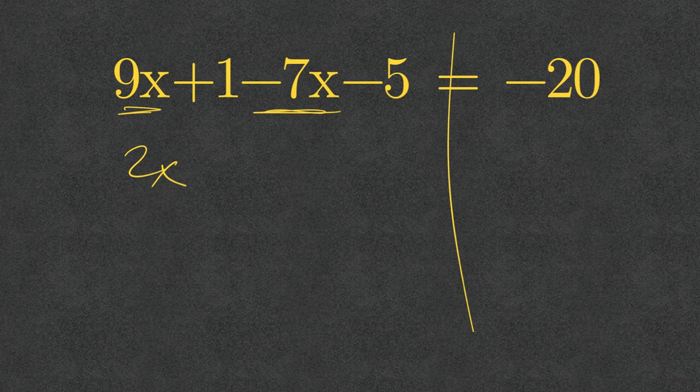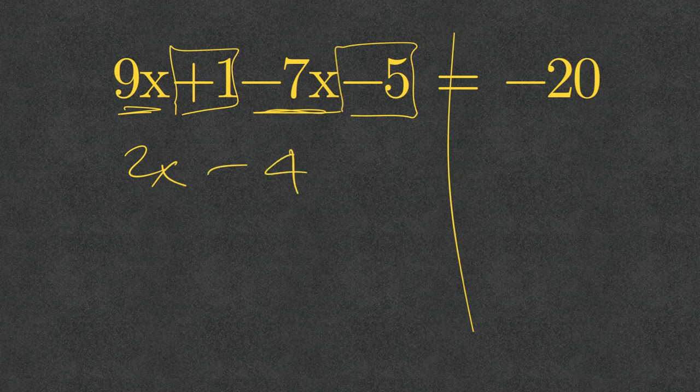Is there anything else on the left side that I can combine that is like? 1, and is that 5 positive or negative? It's negative. So what is 1 minus 5, or what's negative 5 plus 1? Negative 4. Again, signs are different, therefore subtract and take the sign of the larger number.